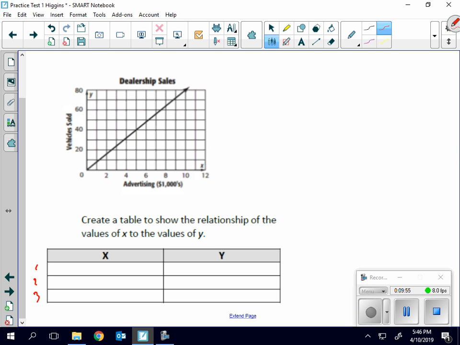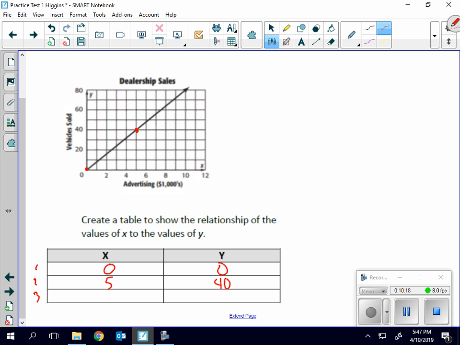So let's start with this point. I can read that point. That's the point 0, 0. I can also read, let's see, I think this one I can read. That would be 5, 40.